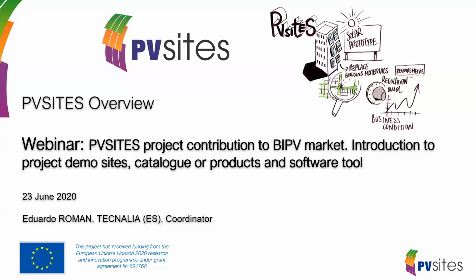So now I think we are still below 2% of BIPV total installed capacity with respect to the total PV capacity. And it's clear that we all see a lot of opportunities in our cities, in our buildings, to include these systems there. So we have to see, and this was the idea of the project, what can we do to increase this percentage, to increase this ratio, and to put more BIPV in the market.